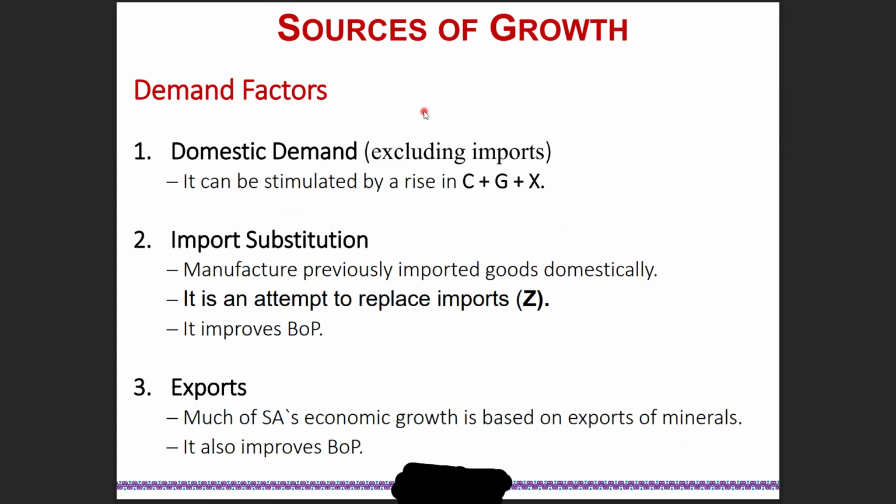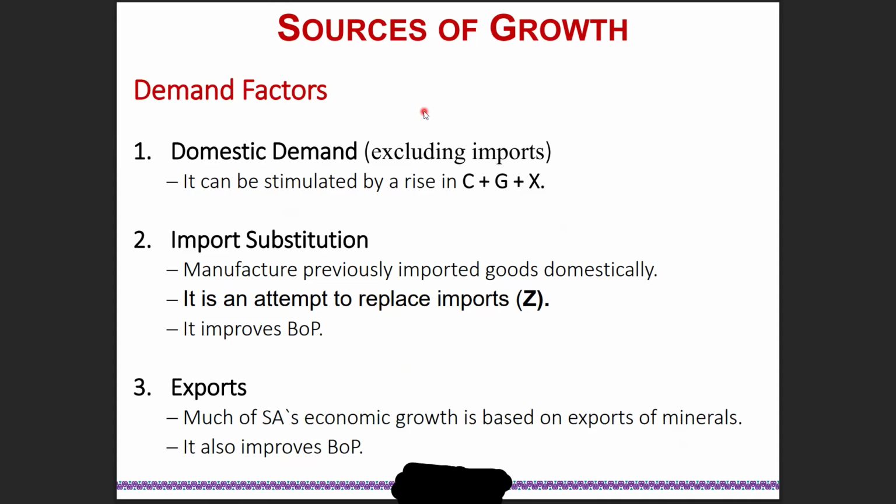So the demand factors are very important for economic growth. For production to increase, demand is very important. So we look at the domestic demand, which is basically the demand within the economy, right? Domestic basically means we're only focusing on the demand that is happening in South Africa, right? What are people demanding in South Africa? We're just looking at South Africa only.